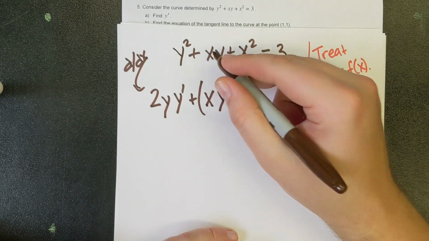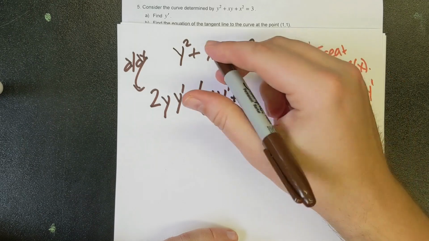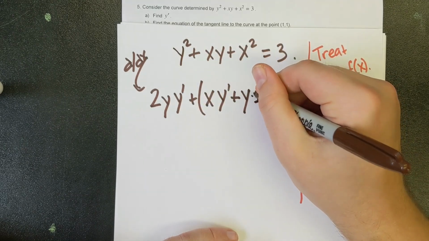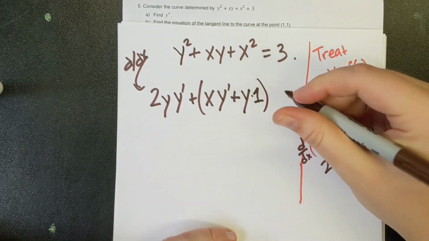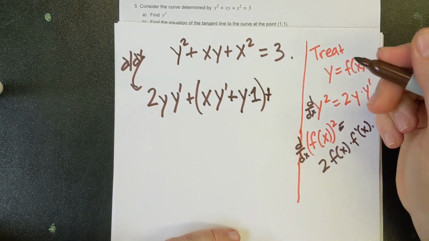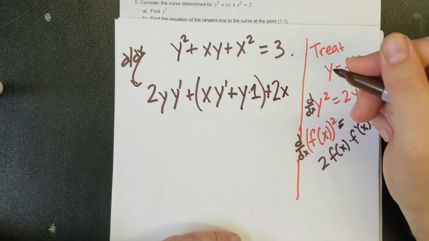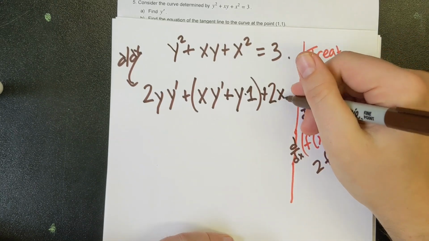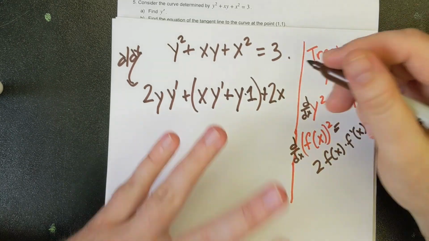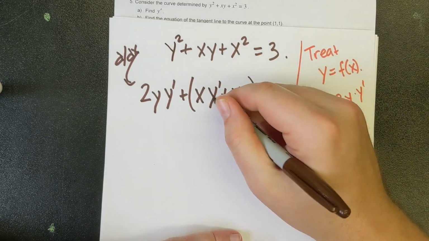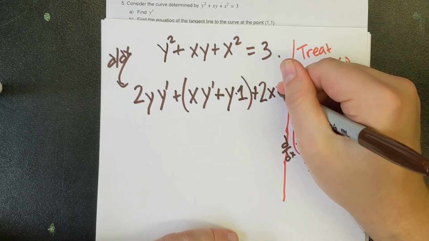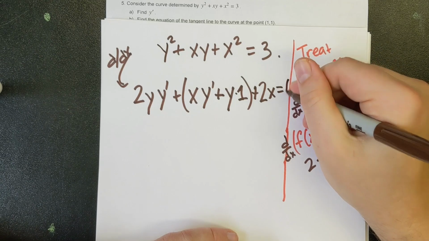The derivative of x is just 1, so that's just a y there. Plus the derivative of x squared is just 2x. Don't I have to do times x prime? Well, that's just the derivative of x, which is 1, so you don't have to worry about it. It's only with the y's that you have to do y prime. Then it equals the derivative of 3, which is 0.